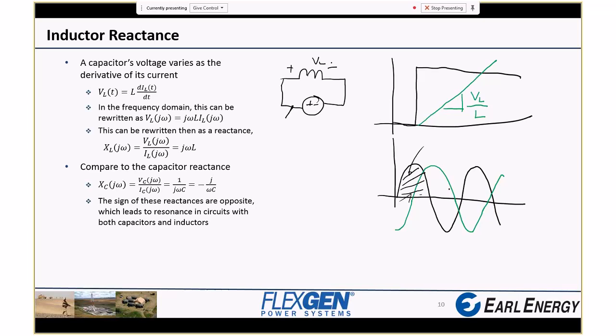It's symmetric, but it ends up just being small deviations around zero for the inductor current. So thinking back to the definition of impedance as voltage over current, when the current is small, the impedance is very large.